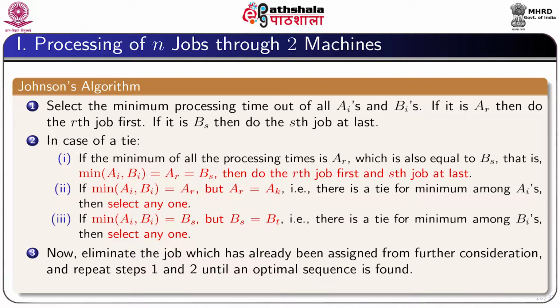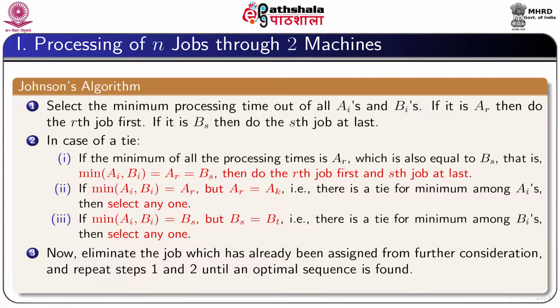Now, if minimum of AiBi equal to Ar, but Ar is equal to Ak, that is there is a tie for minimum among Ais, then select any one. And if minimum of AiBi equal to Bs, but Bs equal to Bt, that is there is a tie for minimum among Bis, then also select any one.